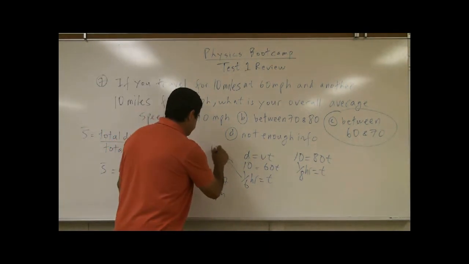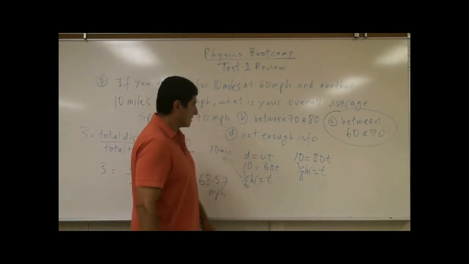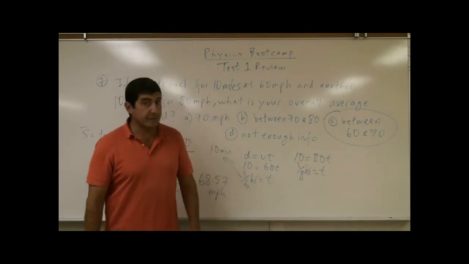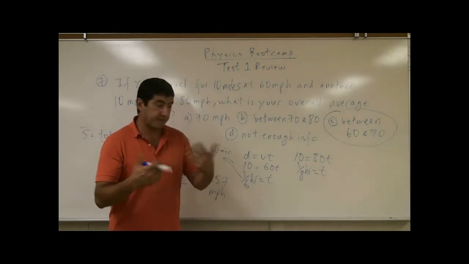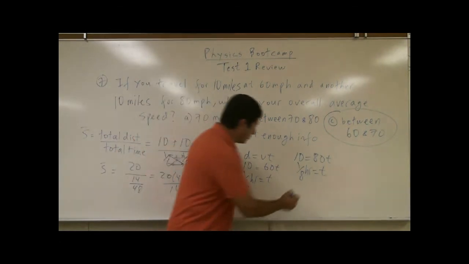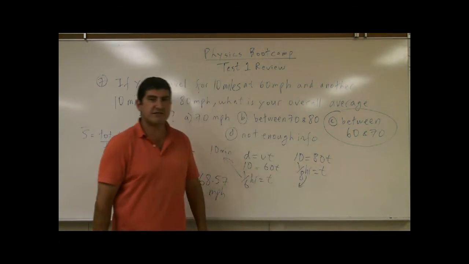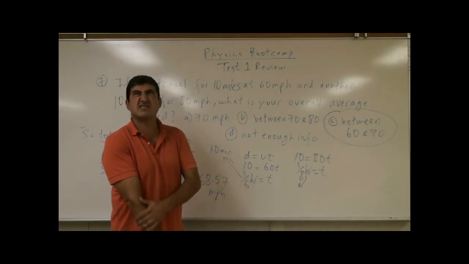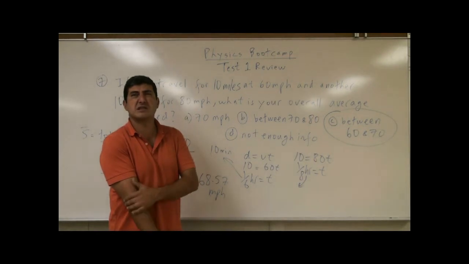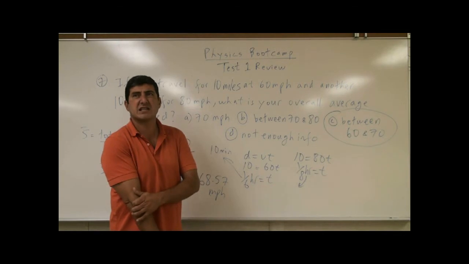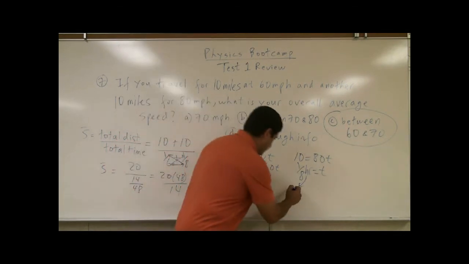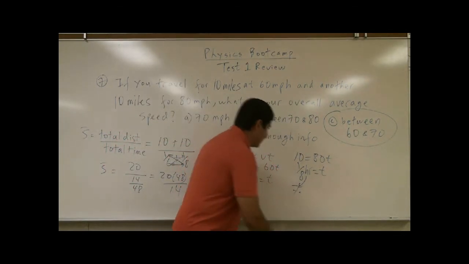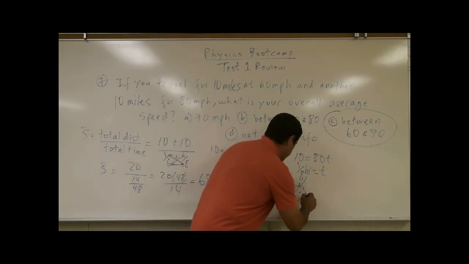That's 10 minutes. If you go 80 miles an hour for 10 miles, how long is that going to take you in minutes? 60 divided by 8, so it's going to be 7.5 minutes.